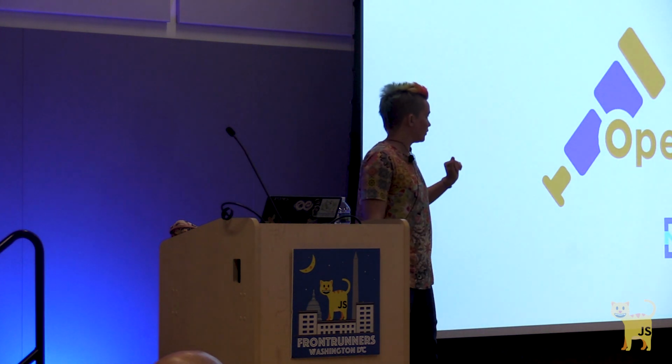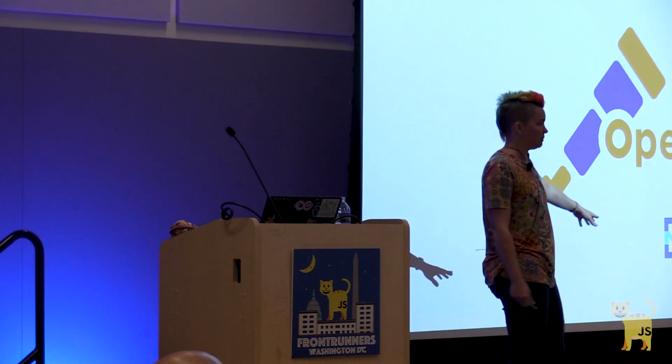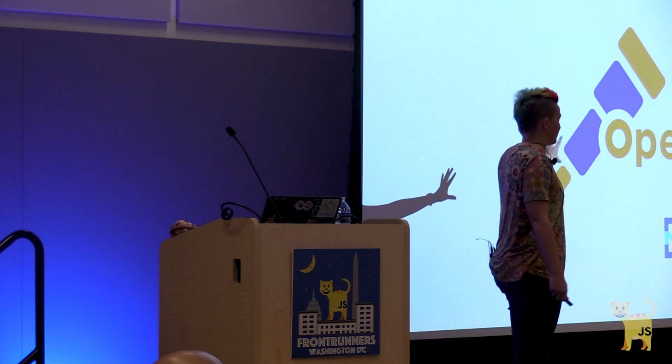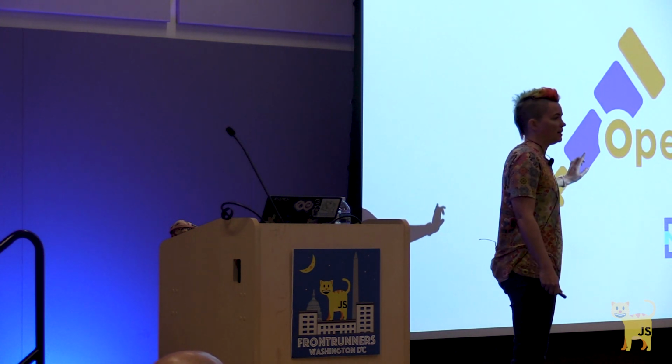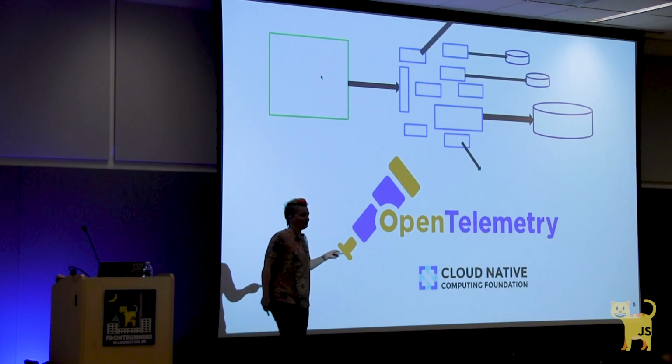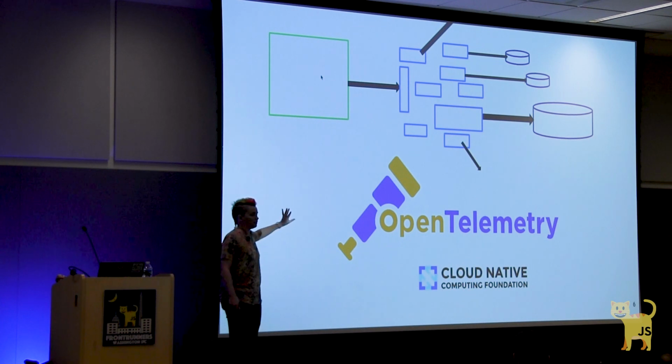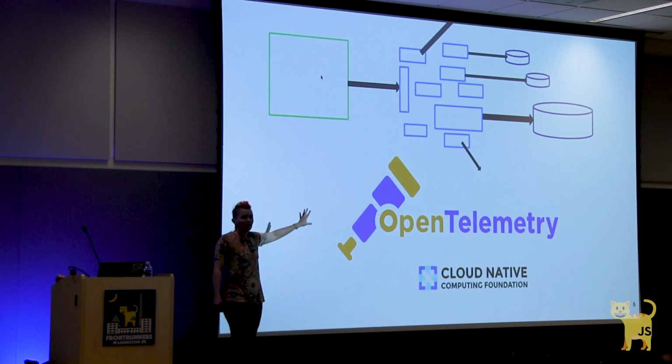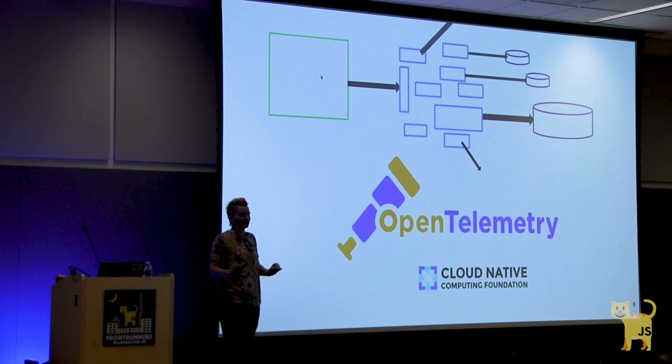OpenTelemetry is part of the Cloud Native Compute Foundation. It is the second biggest project in the CNCF. Does anybody know what the biggest one is? Kubernetes. Right. So this is a very open source, very well-governed project. Now, project is kind of a small word. OpenTelemetry is many things.